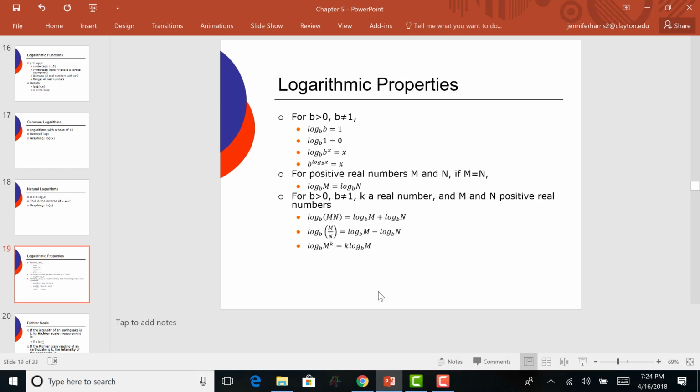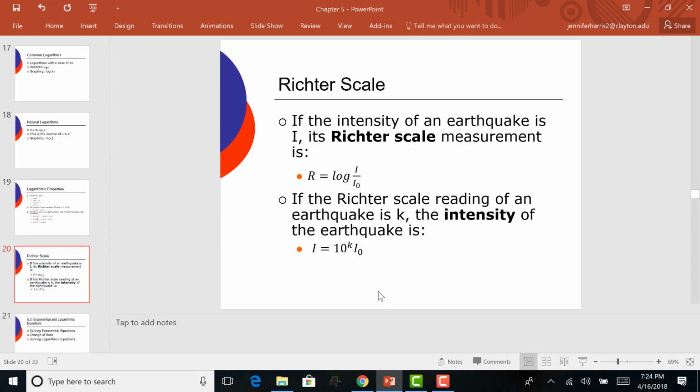Alrighty, now you're like, well, when will we ever use this in real life? In this particular case, not that you would ever use it, but whenever they tell you that the earthquake measured a 6.5 on the Richter scale, logarithms are what was used in the software to actually determine the intensity of an earthquake.